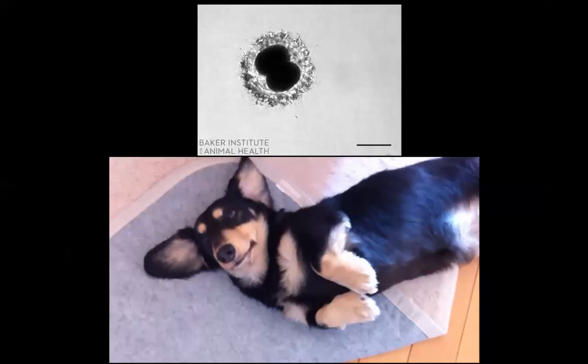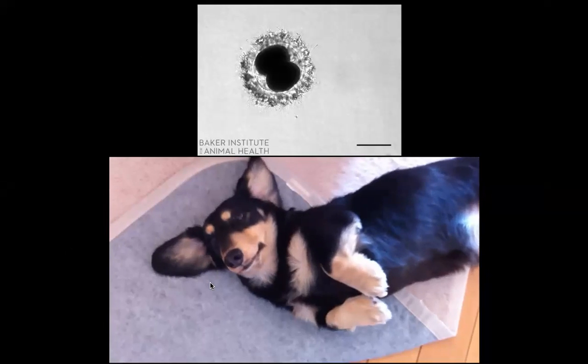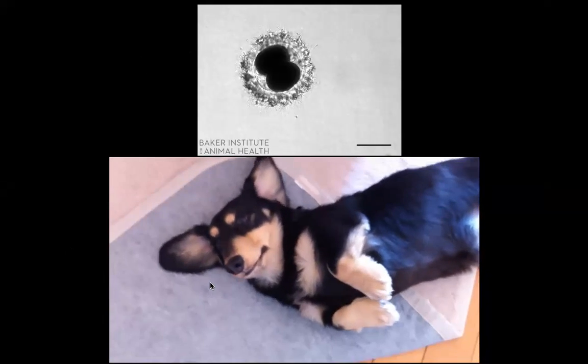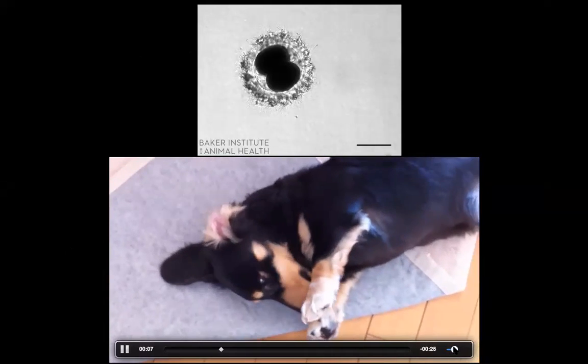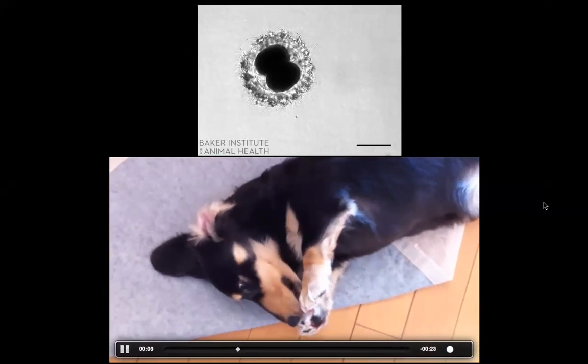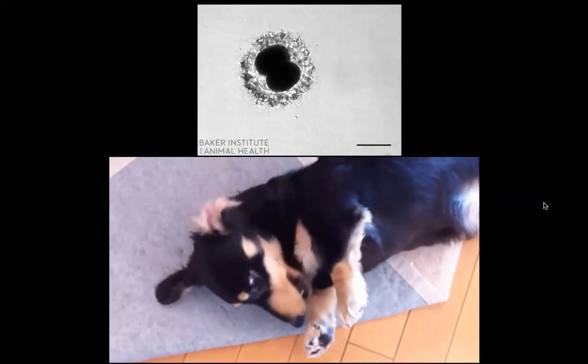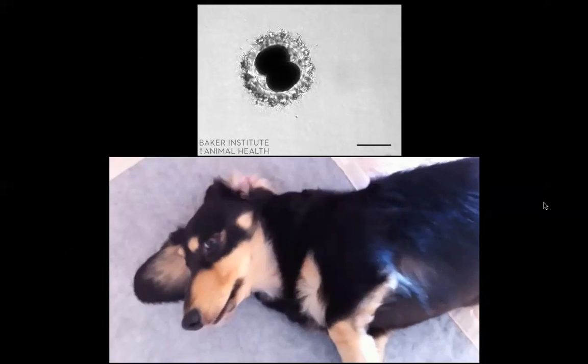With this, at the top you have a dog oocyte, and here you have a final dog. And how all of this happens is kind of fascinating, and is something that we're going to try and explore today.